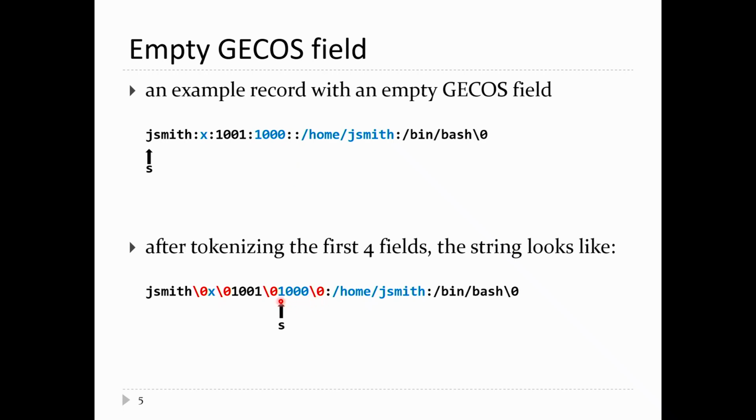So when you correctly get the group ID here, 1000, and you try to go to the next token, the user information, it sees the colon, and so it keeps on going. So it incorrectly reads in the home directory as the user information. So what you need to do in this case, if you know that there could be stuff missing, when you get to this point here, you need to determine, is the user information field empty or not.